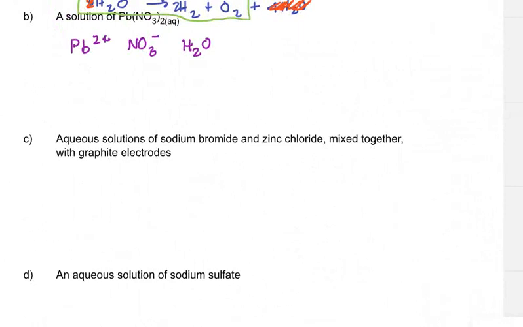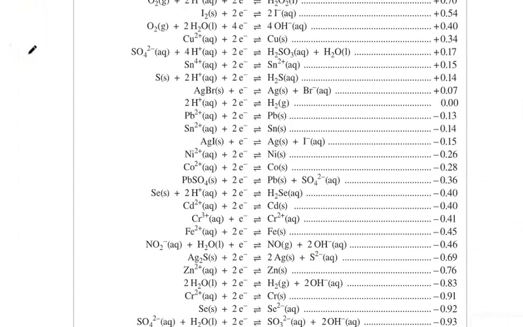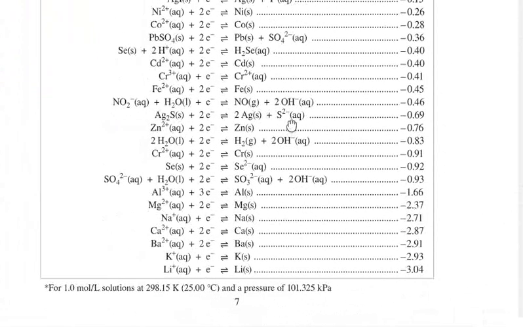So one of our half reactions is lead 2 plus 2 electrons gives lead metal, and now we go back looking for our SRA. Start at the bottom. Lead, nitrate, or water.